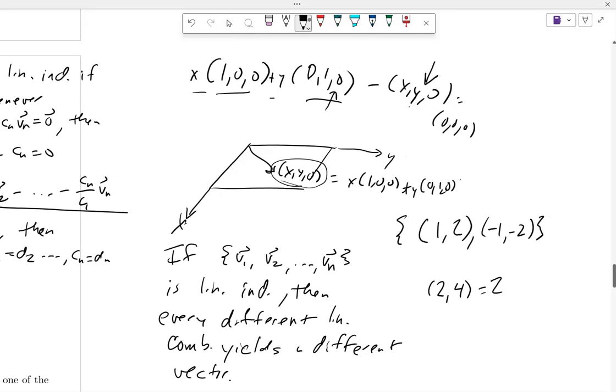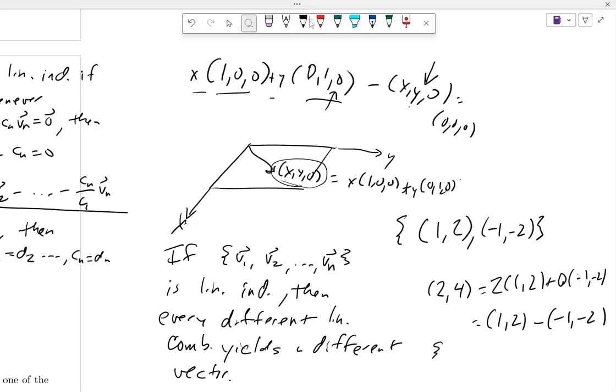I could do 2 times (1, 2), and 0 times the other one, right? Is there another way to do it? Yeah, I could take (1, 2) and then subtract the (-1, -2), right? There are 2 ways to do it, aren't there? There's actually infinitely many ways, but there's 2. It's not a unique way to do it, correct?